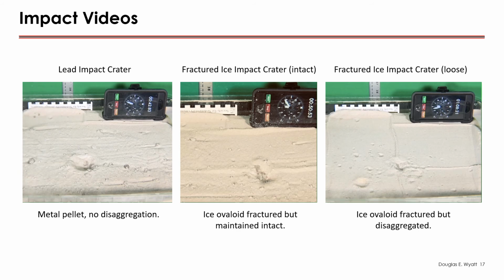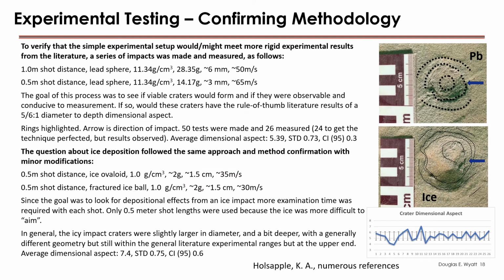But I had to move my impulse source closer, within half a meter, to make sure I could aim the comet I was trying to cause the impact. And this worked very well as just a very simple experiment. And you can see the results here.